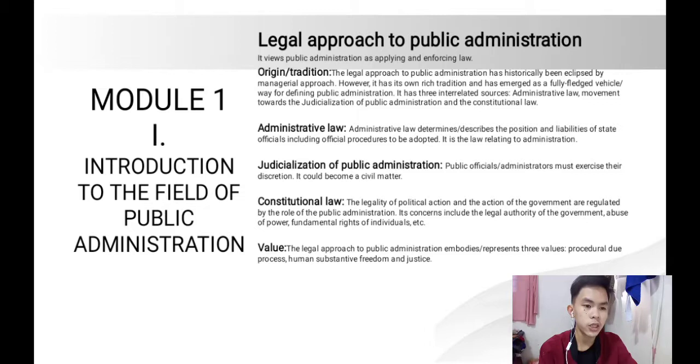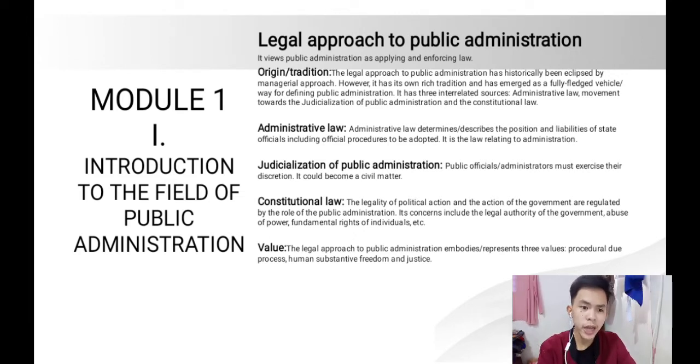For the origin and traditions of the legal approach, it has historically been eclipsed by the managerial approach. However, it has its own rich tradition and has emerged as a fully fledged vehicle for defining public administration. It has three interrelated sources, which are administrative law, the movement towards the judicialization of public administration, and constitutional law.